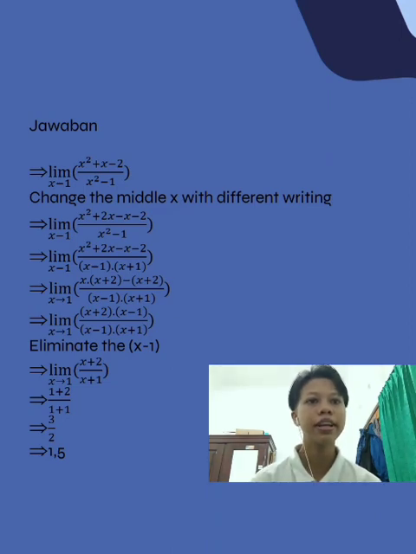Then we can eliminate the x minus 1 and make it the limit as x goes to 1 of (x plus 2) divided by (x plus 1). Change the x into 1, so we find 1 plus 2 divided by 1 plus 1 equals 3 divided by 2, or we can say it's 1.5.